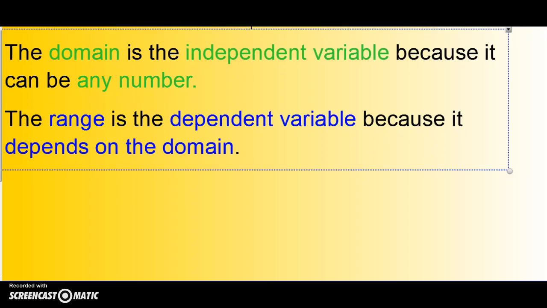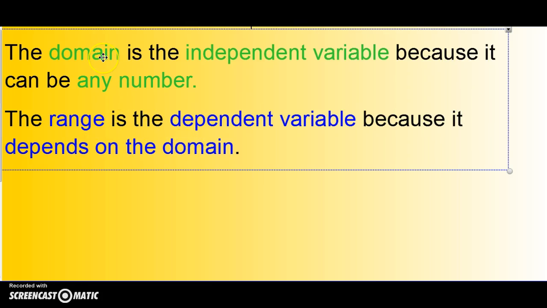Okay, the domain, super important that you write these two variables, very important that you write these two definitions. The domain is the independent variable because it can be any number. The range, y, is the dependent variable because it depends on the domain.